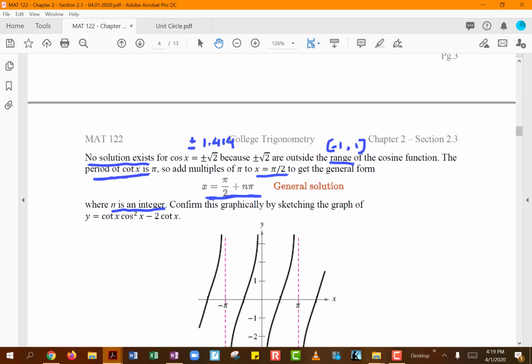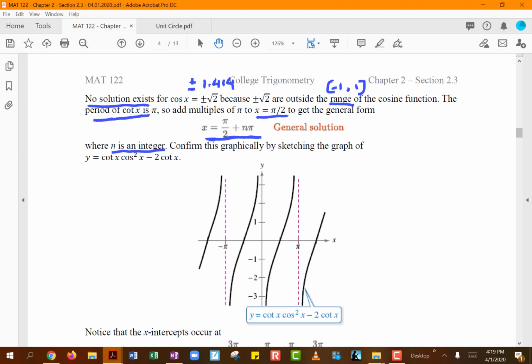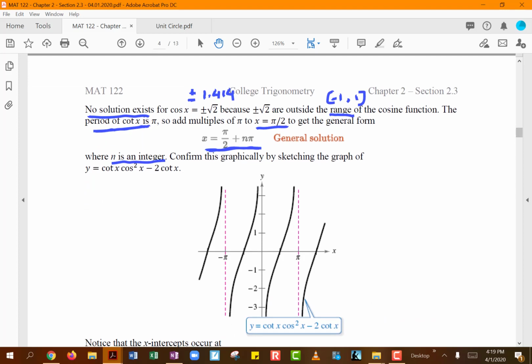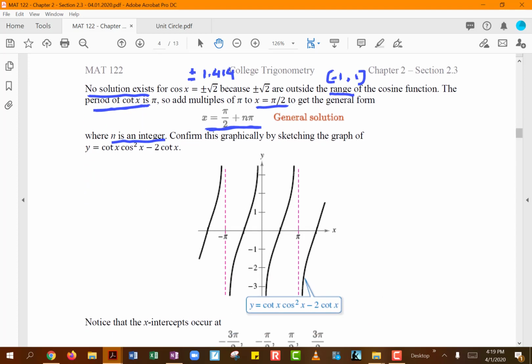And they're actually talking about how you can confirm by graphing this equation that we were given. So if you go ahead and graph this, then you will notice at the multiples of pi halves, so right here at positive pi halves, you've got your x-intercept, which is actually the solution to this equation.